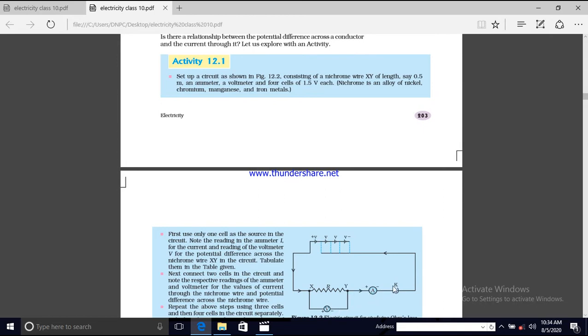Then the negative terminals of the ammeter and the voltmeter are in turn connected to the negative terminal of the battery.